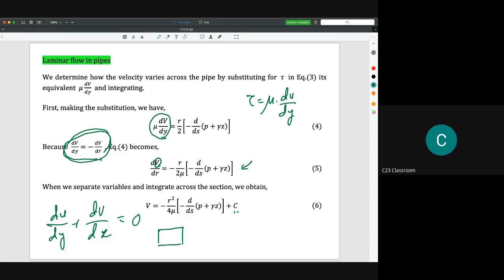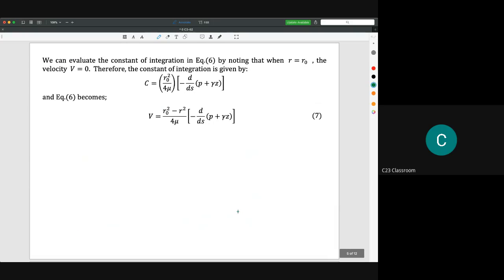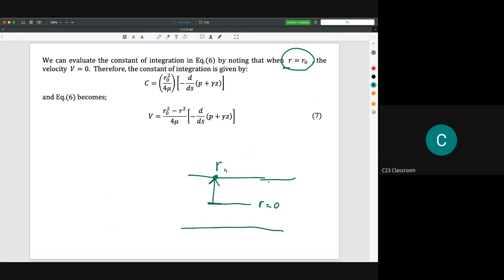We have a constant c here, and then we put in the boundary condition. Because we have the pipe like this, we assume that at the middle the r is equal to 0, and the maximum r is always referred to as r naught.